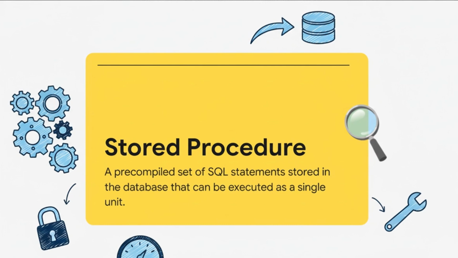Now, there are two phrases here that are absolutely key: precompiled and single unit. Precompiled means the database has already figured out the best way to run this code, so it's way faster. And single unit means a whole bunch of complex steps can be kicked off with just one simple command. And we're going to see just how powerful that is in a minute.